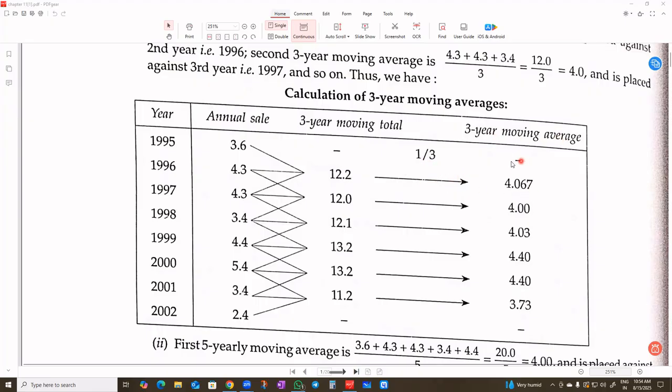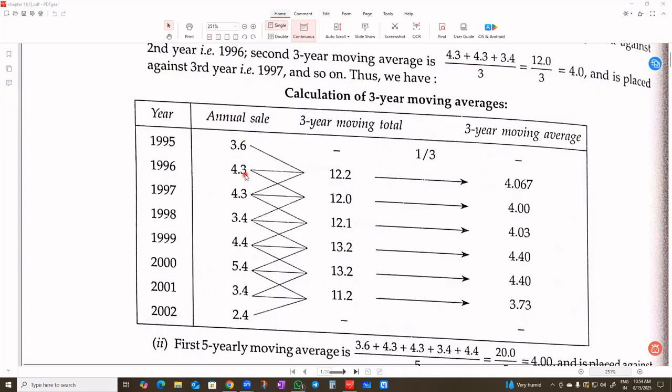For the 3 years moving average, we should not write the value for the first number, but write it at the center value. With 3.6, 4.3, 4.3, what is the center value? The second number, 4.3. So towards that, we write the 3 years moving average value.